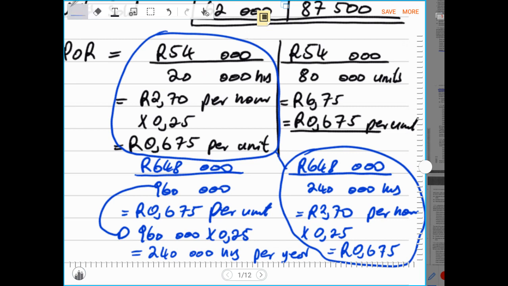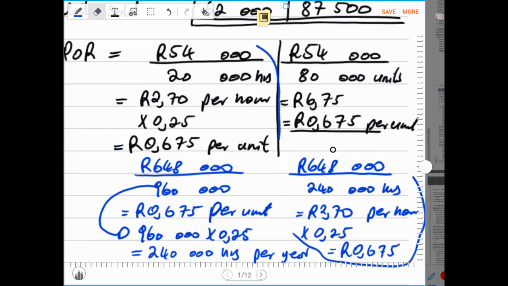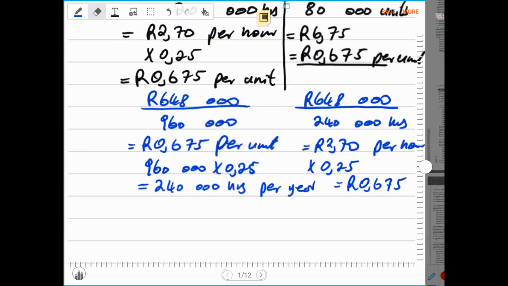At the end of the day, you get the same amount, but if there's a mark for the number of hours, then you'll get a mark. But if you use the units instead of the number of hours, you might be penalized. So now I have shown you everything when it comes to the calculation of the predetermined overhead rate whenever you are given the direct labor hours as the base. Either way you use it, you get to the same answer.